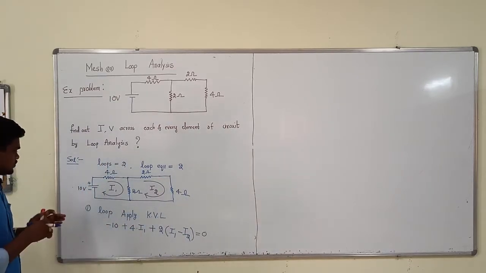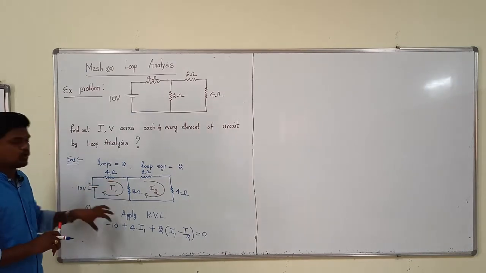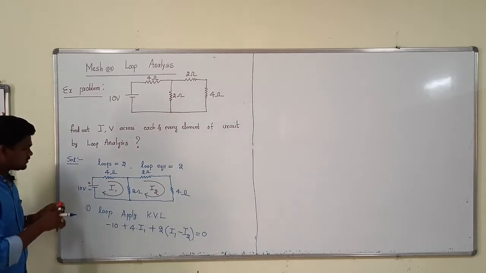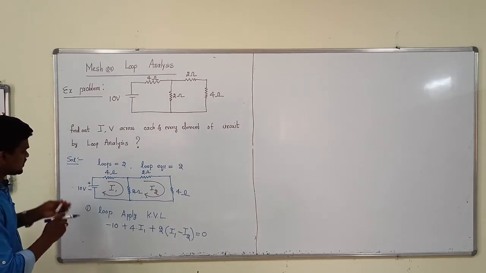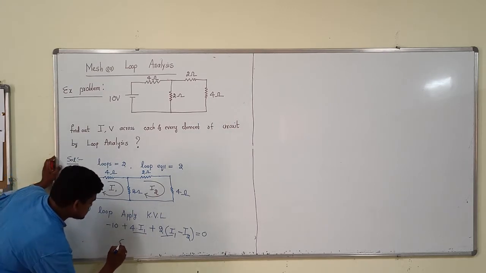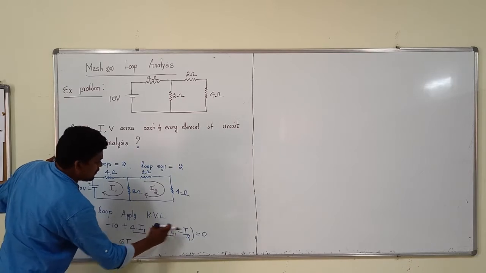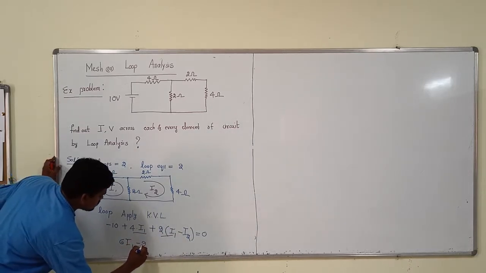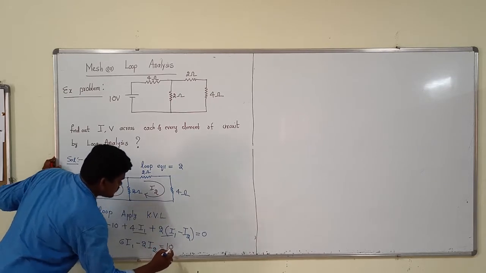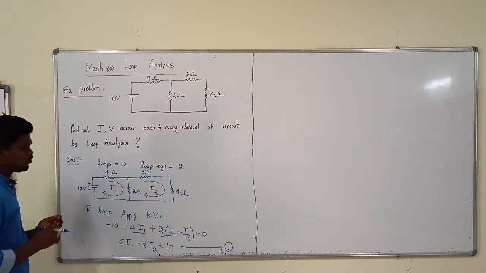I am writing each and every element voltage of the loop. Now I can simplify: 4I1 plus 2I1 is 6I1. What about I2? Minus 2I2, equal to 10. Take it as the first equation, the first loop equation.